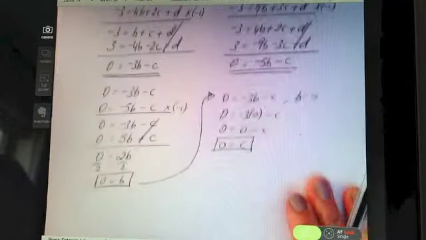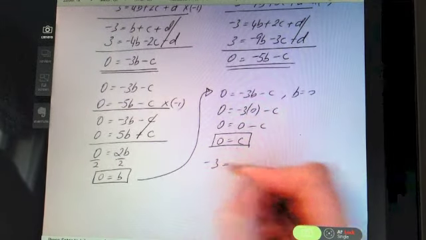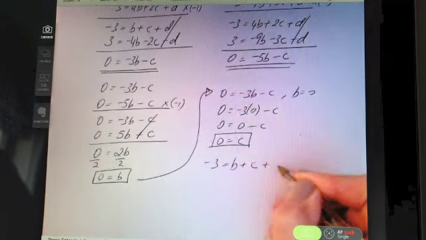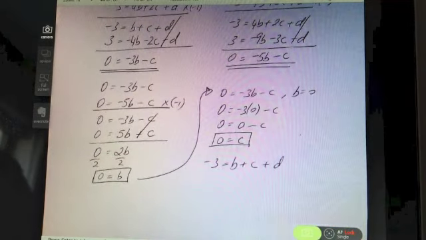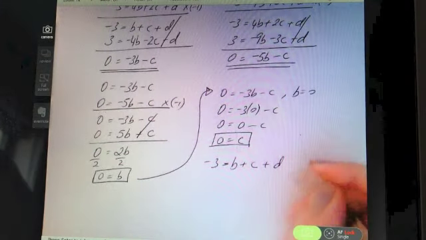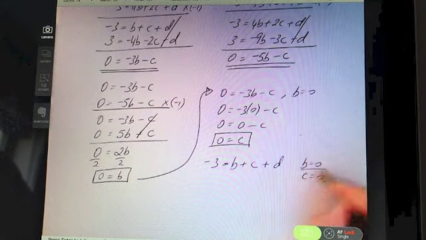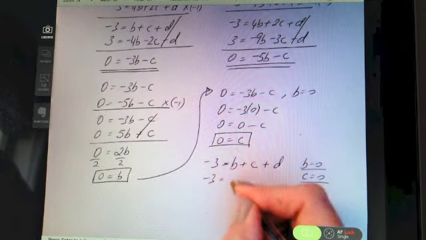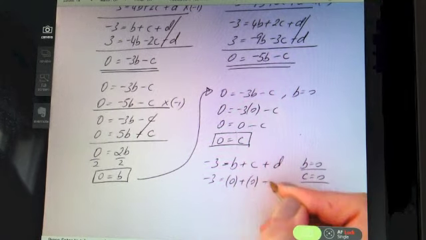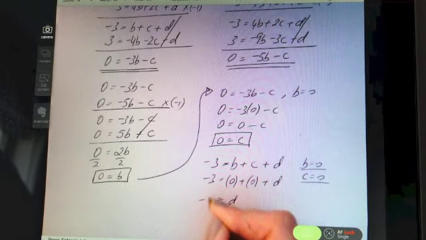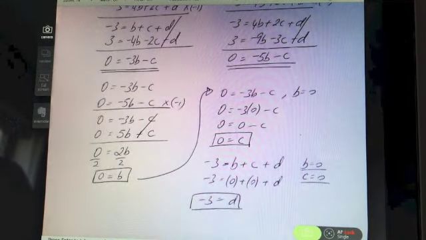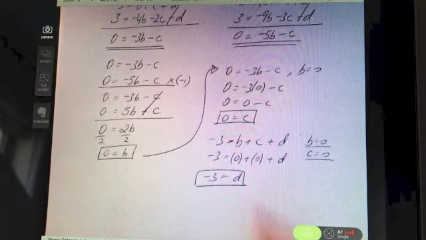So doing that then, that very top first equation I got was minus 3 equals b plus c plus d. We know b is 0 now, we know c is 0 now as well. So subbing those 2 values in, d works out to be minus 3. Okay, and there's your final unknown.